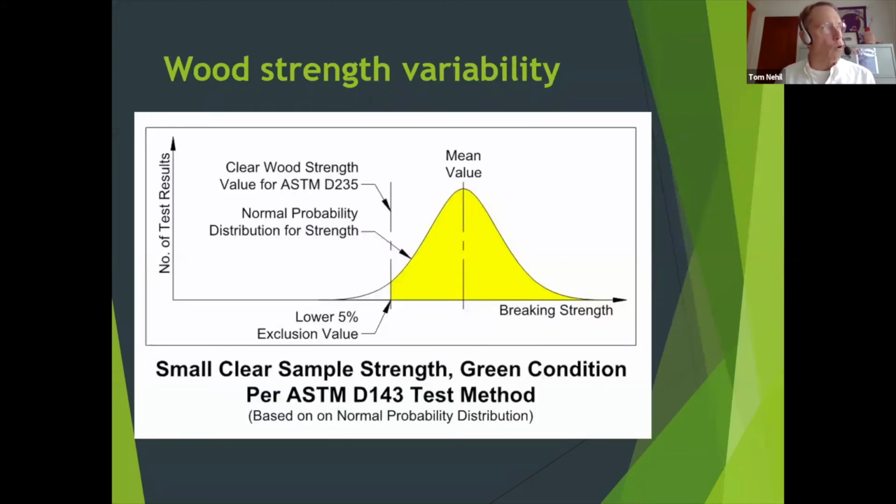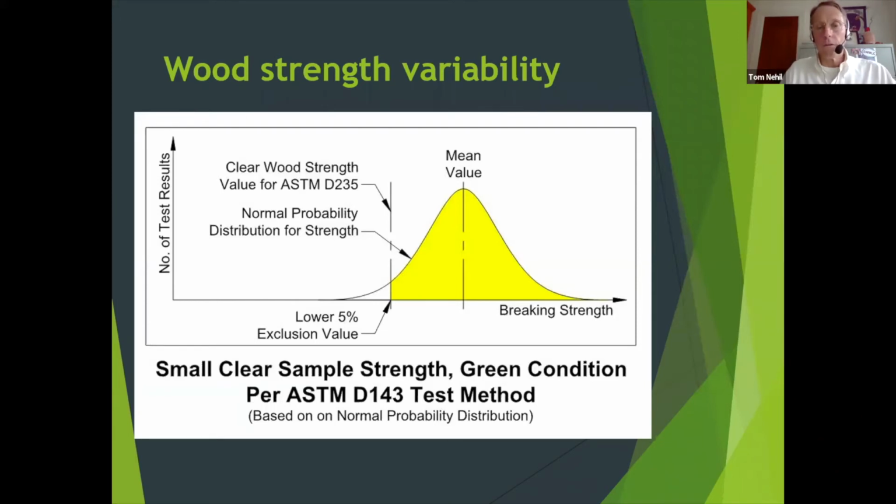You know, if you had a whole bunch of tests for hemlock, they would all cluster around some mean value, some average. But as you move away from that average, you have other test results and they get fewer and fewer as you go towards stronger and weaker. So the industry standard had always been that you pick a value such that 95% of all the test results were as good or better. And that is considered the standard of safety that's acceptable.